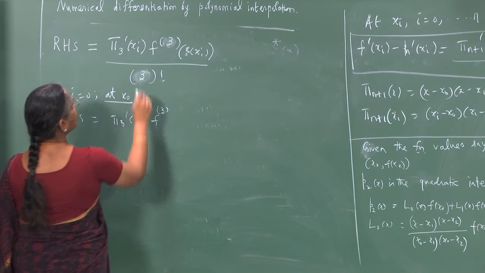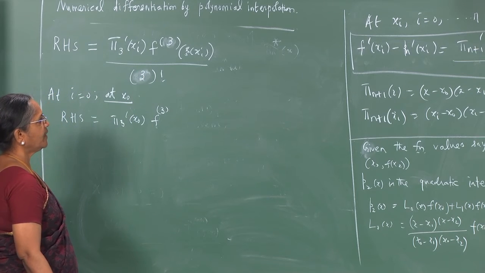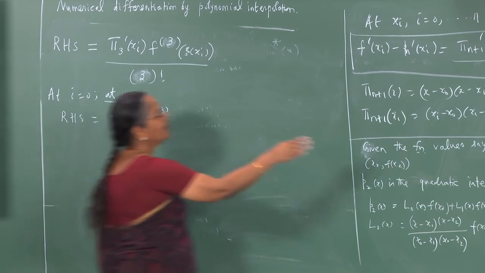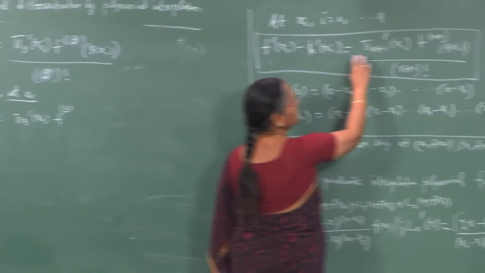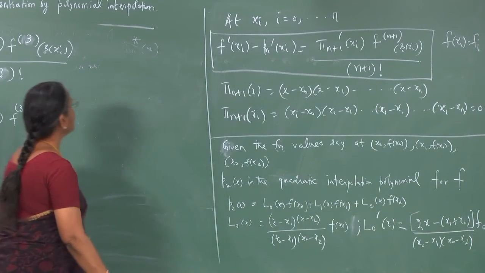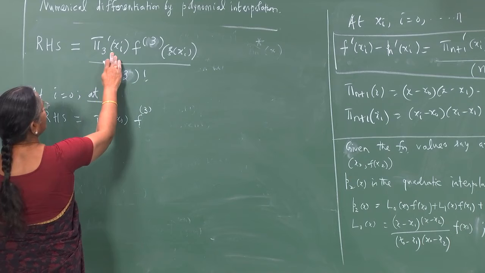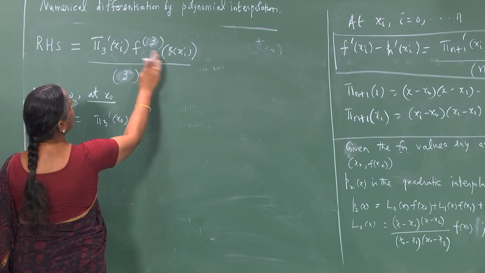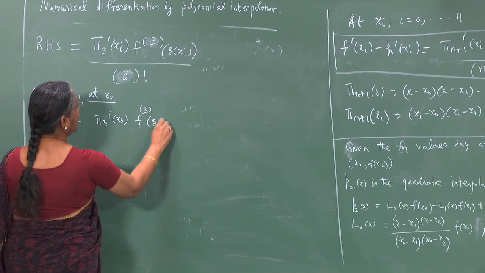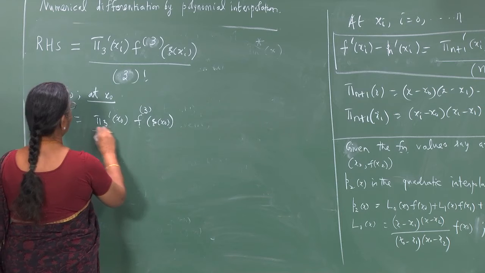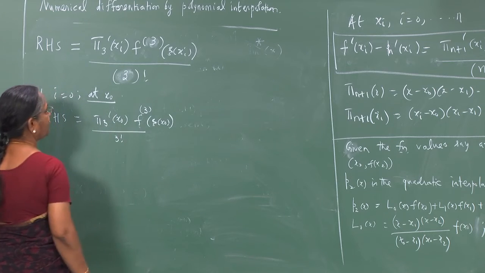So, here again n is 2. So, 3 factorial. Anyway, for any n the result is available here. So, I substitute n as 2. So, I have to compute this. So, pi 3 dashed of x0 into the third derivative at psi of x0 divided by 3 factorial.